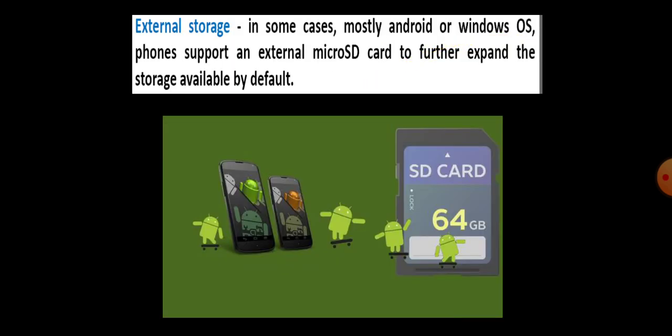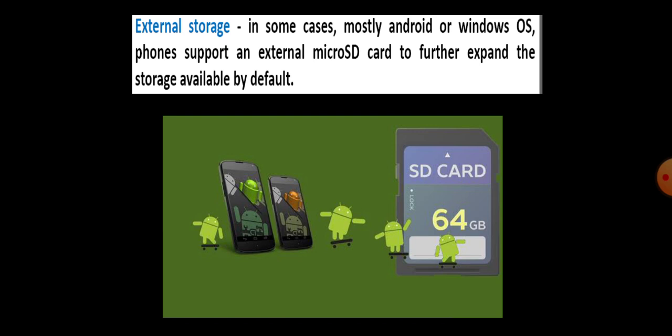Coming to the external storage, that is the SD card. Nowadays, we are getting SD cards of 128 gigabytes. Here I have given the picture of only 64 gigabytes. In some cases, mostly Android or Windows operating system phones support an external micro SD card to further expand the storage availability by default.